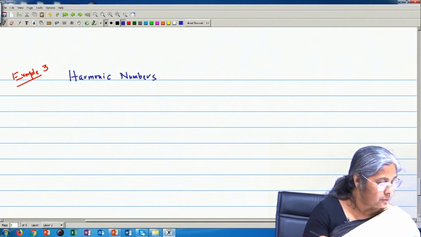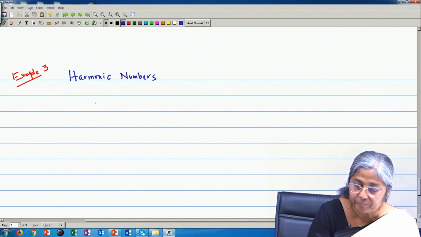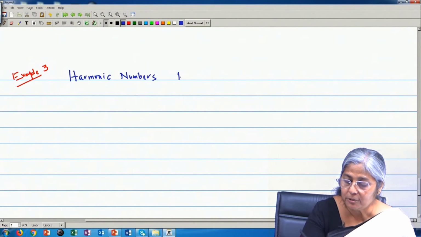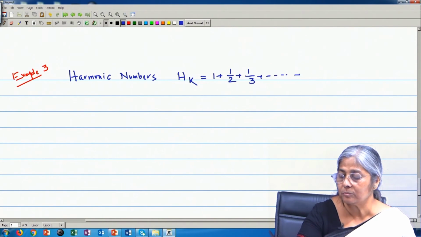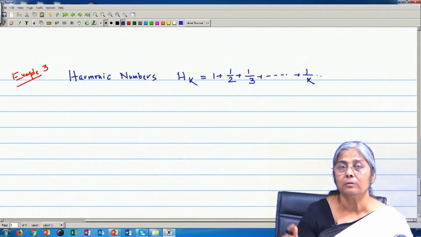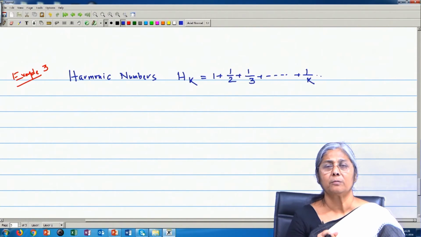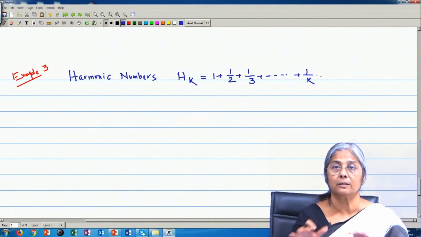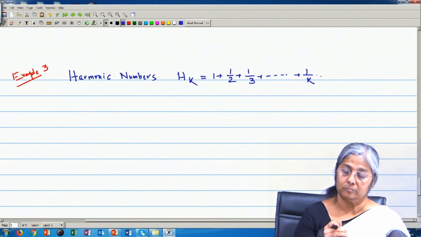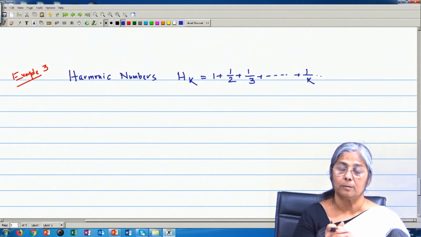We define H k equal to 1 plus 1 by 2 plus 1 by 3 plus up to 1 by k. Now, there are a number of inequalities and equalities that we can prove on these harmonic numbers.